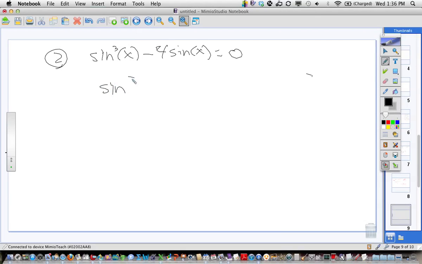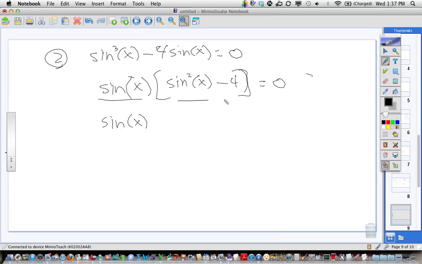But let's factor out a sine x, and that leaves us with what? Sine squared x minus 4 equals 0. Okay, so what's that mean? No, we don't want to divide. What we want to do is set each one of those equal to 0. If these two things multiplied make 0, then either sine x is 0 or sine squared x minus 4 equals 0.